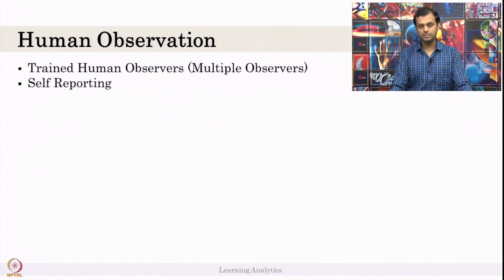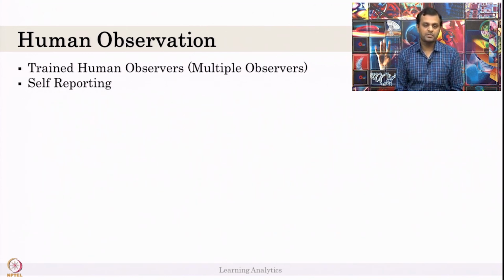We talked about this in the kappa score prediction: there are two ways of detecting whether students are frustrated or not. If you are doing human observation, you have to establish inter-rater reliability using the kappa score, Cohen's kappa.